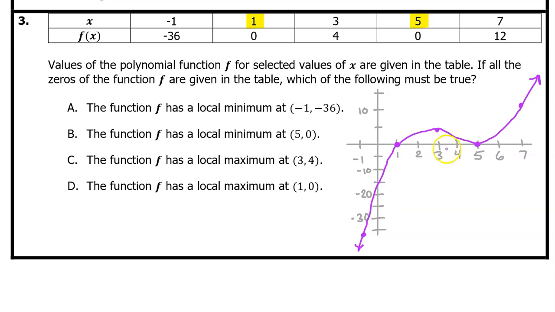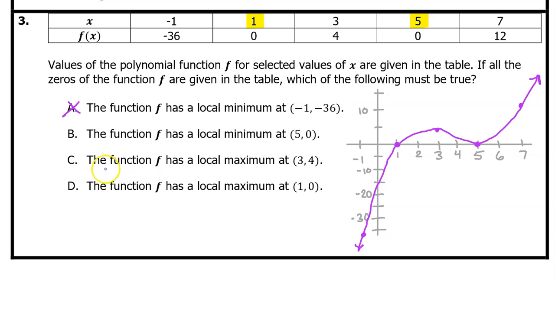F of x will look something like this. Let's see if this is enough information to eliminate all but one answer. The function f has a local minimum at -1, -36. No, this point cannot be a local minimum, so the answer is not A. The function has a local minimum at 5, 0.